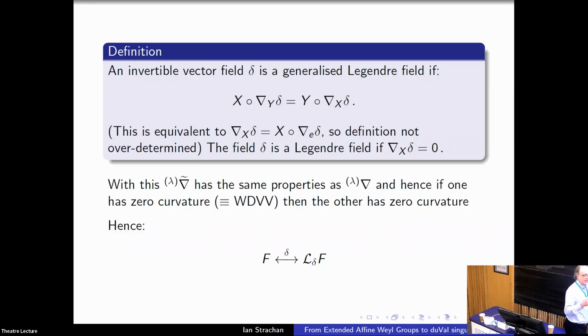In particular, it's flat, and hence you can construct a new solution to the WDVV equations from the old one. That's what I've denoted here: starting with F, our original solution, and via this generalized Legendre field, we can construct a new solution. And you can go back and forth and compose them one after the other, and start building up symmetries from original solutions.